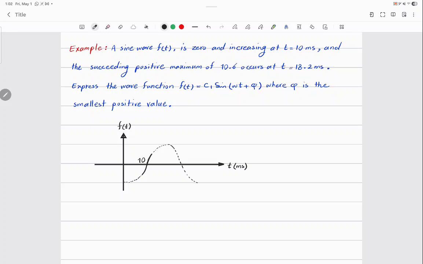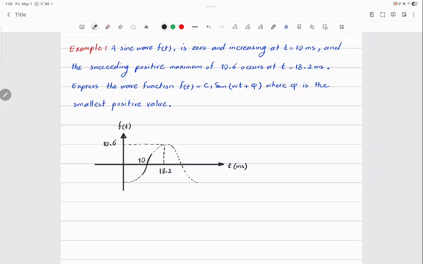What is the next piece of information? Here is 18.2 millisecond, which is the positive maximum. Can you tell me what is this value? 10.6.